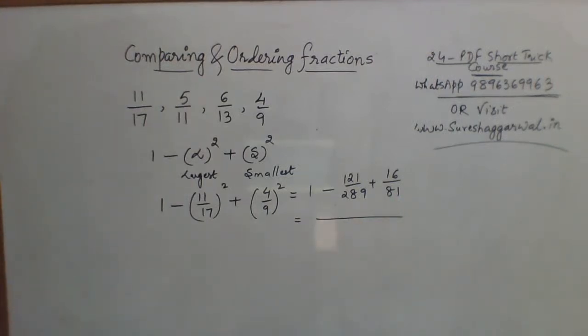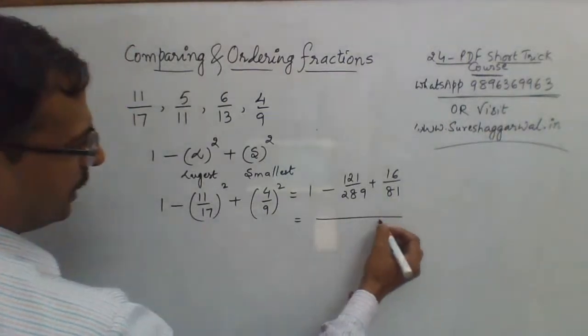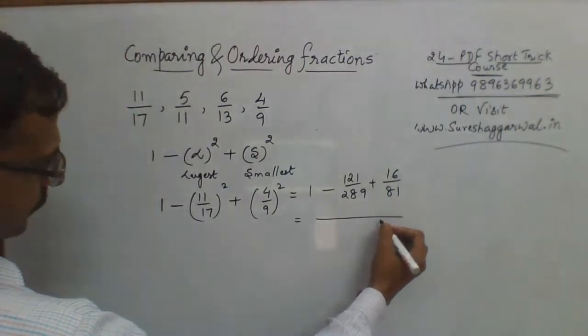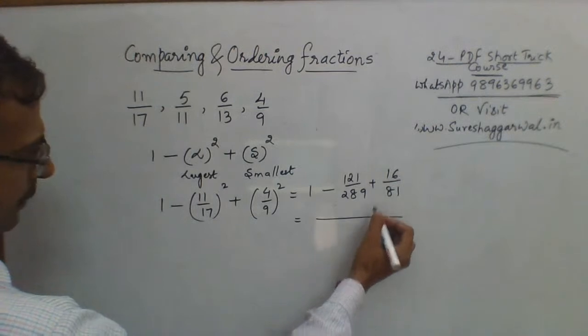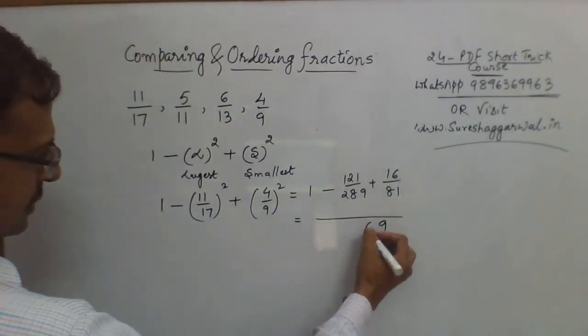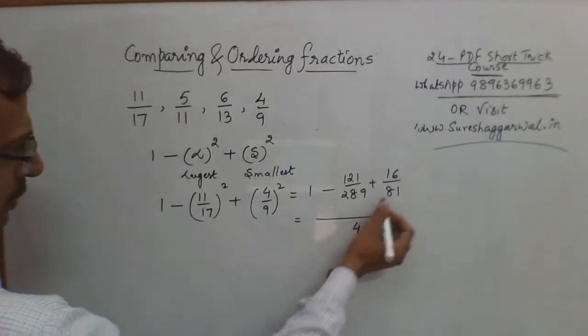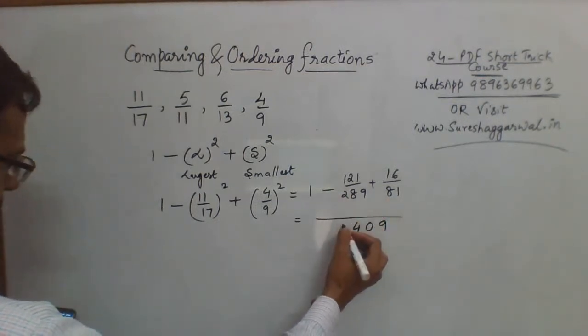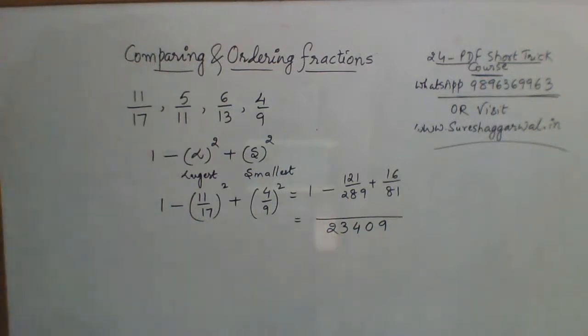So what you need to do is multiply the two numbers. 289 times 81 gives 23409.